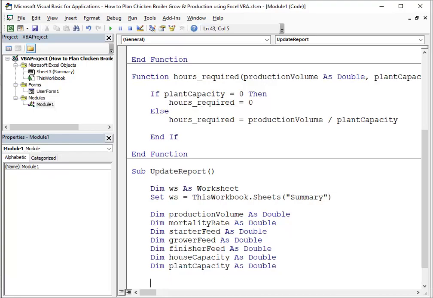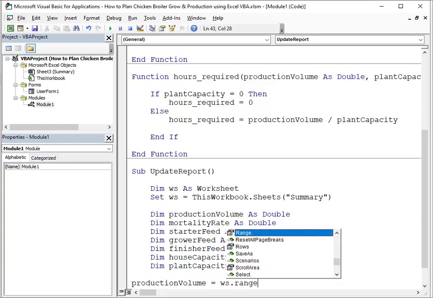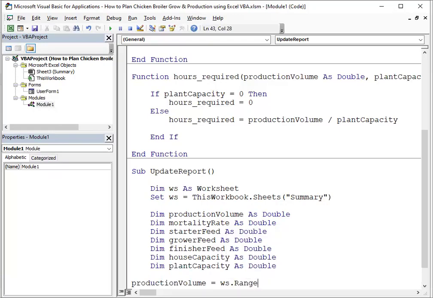This would be the same as the user form, but okay, this is fine. So I'm going to get the production volume equal to WS worksheet range B2, that value.